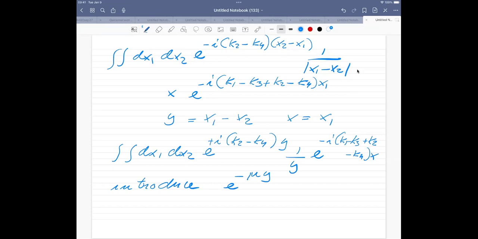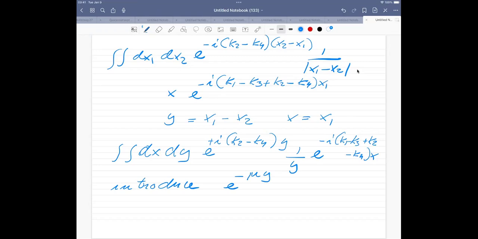Sorry, I was a little bit rushed here because I changed the variables. This should be an integral over dx and dy here. Sorry for that. You look at one line and then you write the other line on the whiteboard.